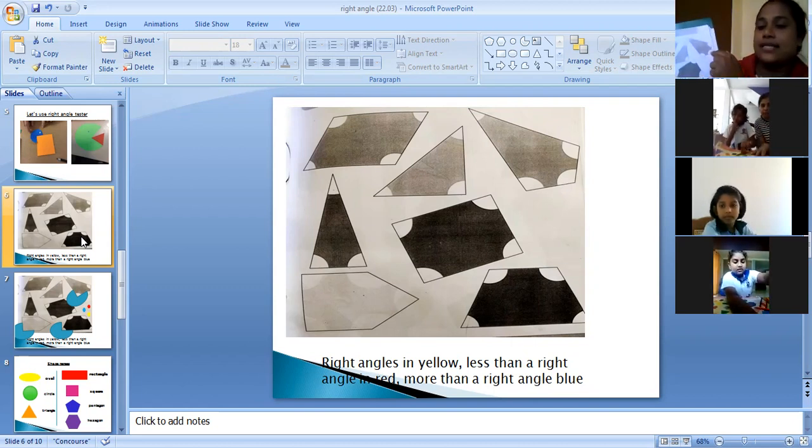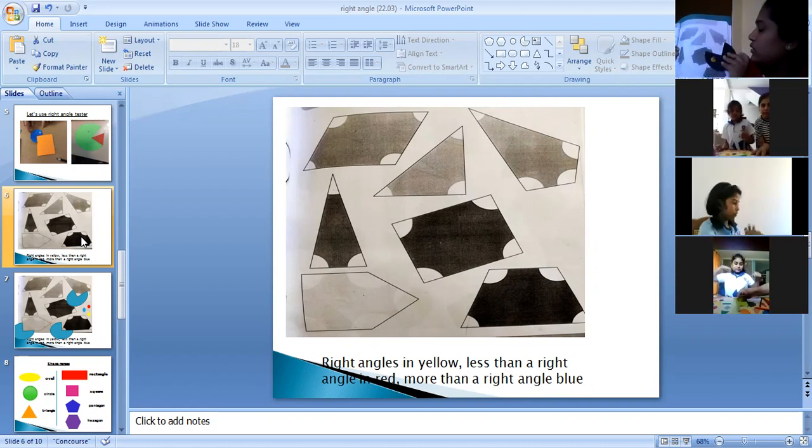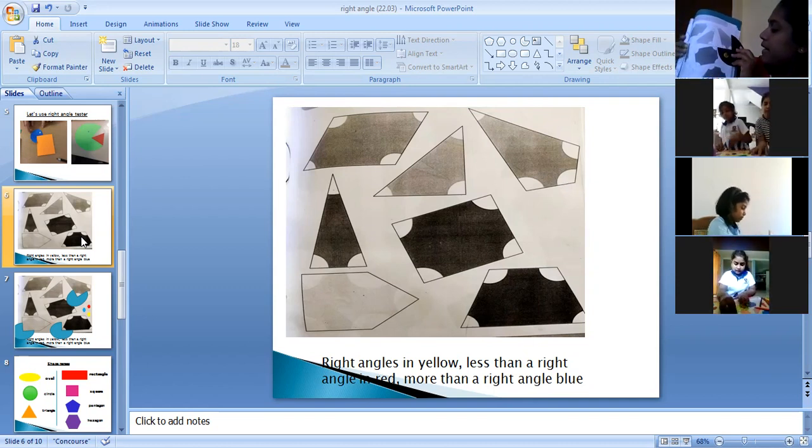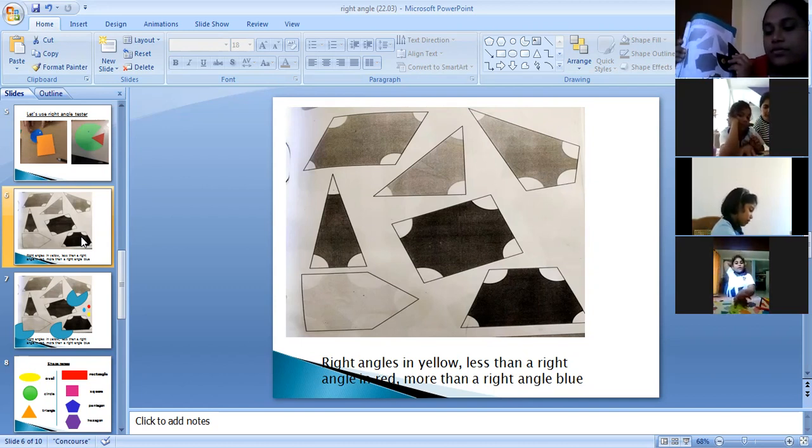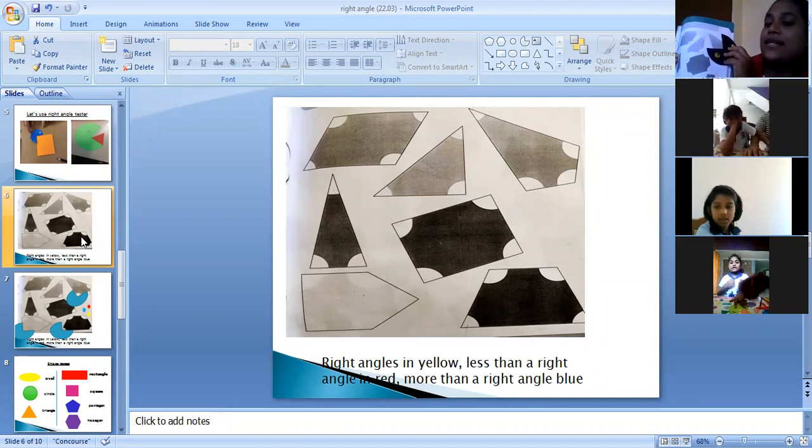And let's check this. Check this and tell me whether it is a right angle or not. Let's keep our right angle test and check whether it is less than, more than, or 90. It is more than 90.